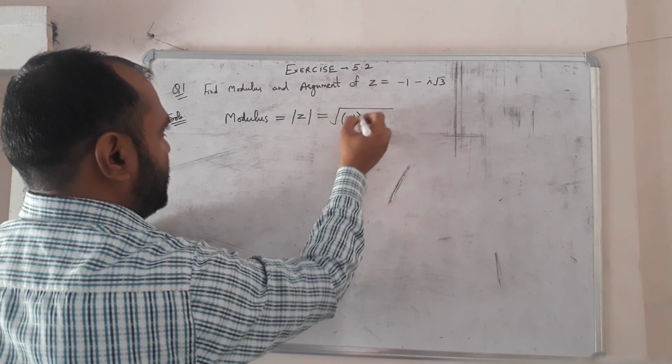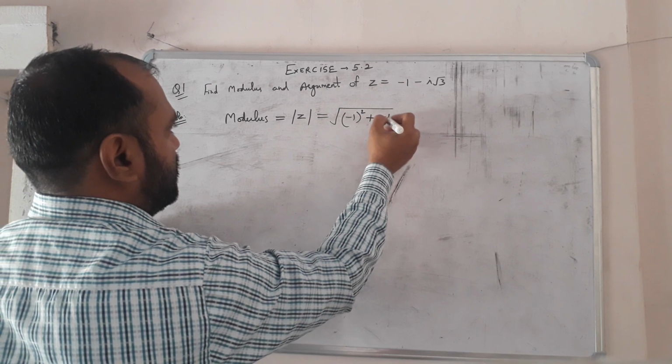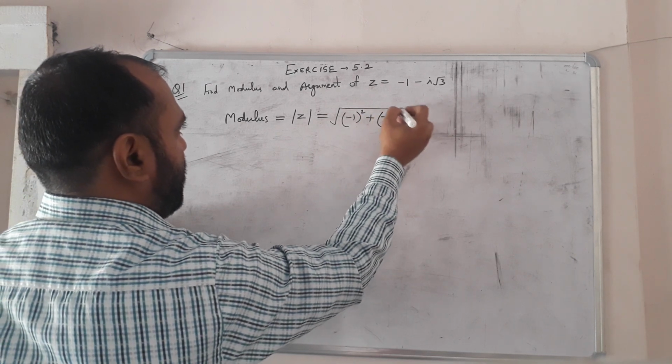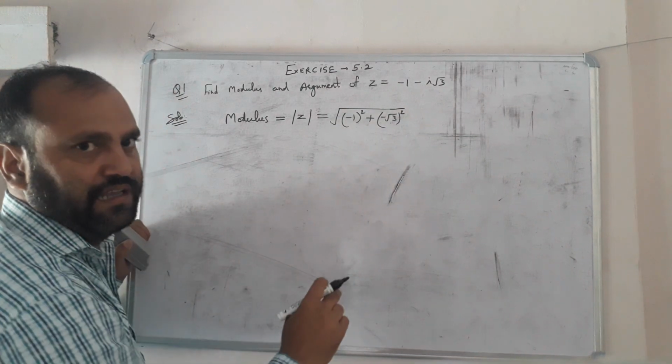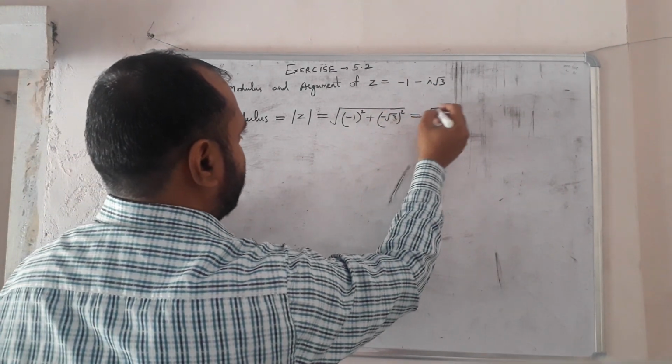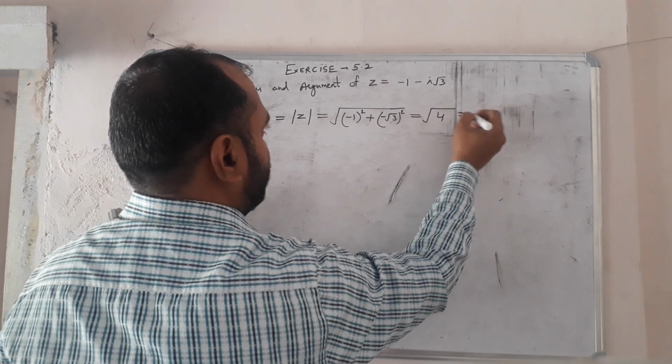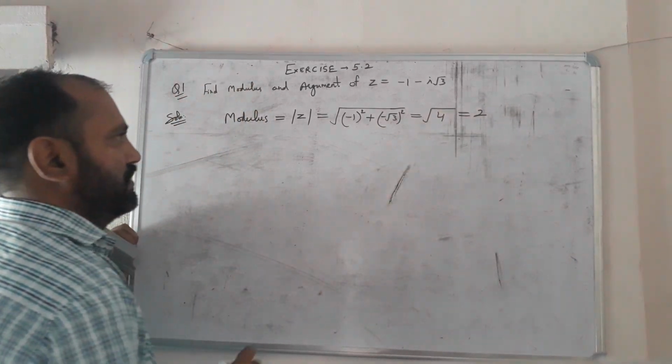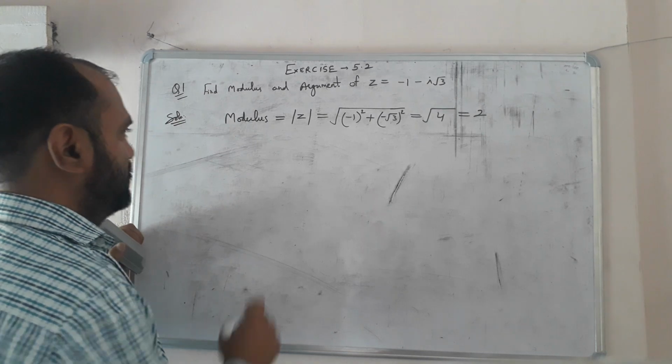So this becomes root of minus 1 square plus minus root 3 square. As we know, the value of a is minus 1 and the value of b is minus root 3. So when you simplify, this becomes root 4, and this is 2. So this is the modulus.